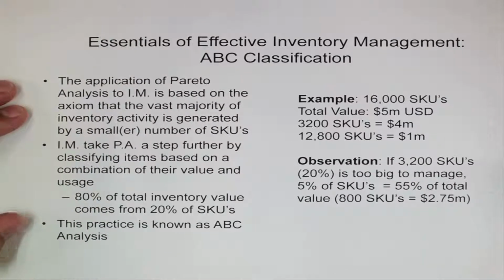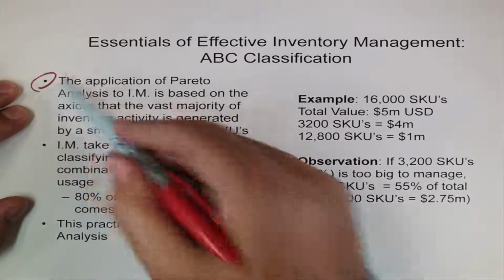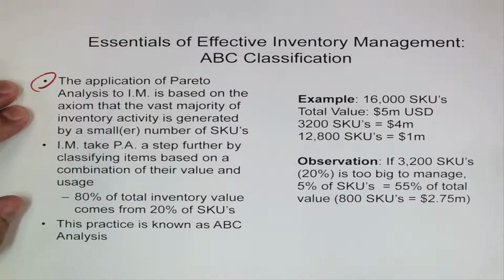Let's dig a little deeper into this concept of ABC classification, which again is based on the principles of Pareto analysis, all being part of effective inventory management. The application of Pareto analysis to inventory management is based on this axiom that the vast majority of inventory activity is generated by a smaller, not small, but a smaller number of stock keeping units.